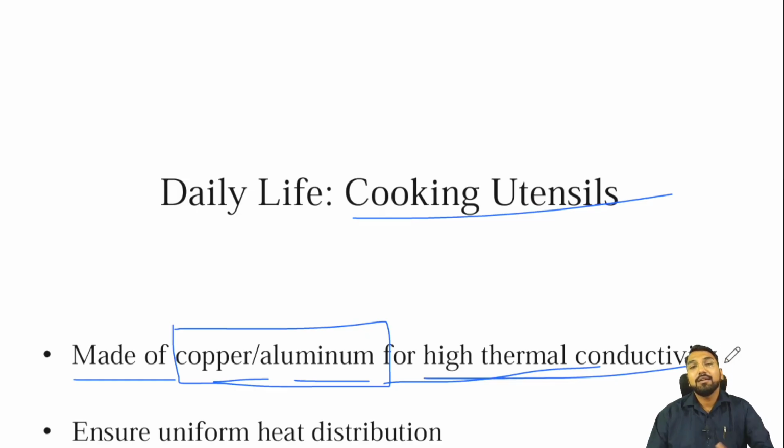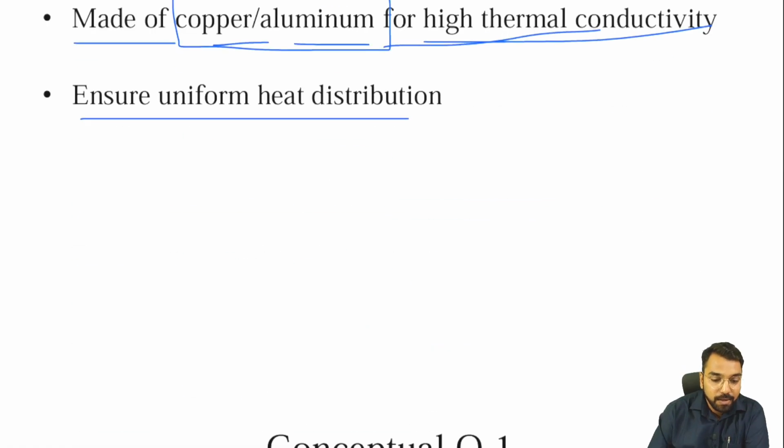The idea behind this mini assessment discussion is that in real life we don't always have to minimize heat transfer. There are conditions where we require higher heat transfer, like in a cooking utensil. So depending upon the application, you have to apply this idea in general life or in your engineering applications.